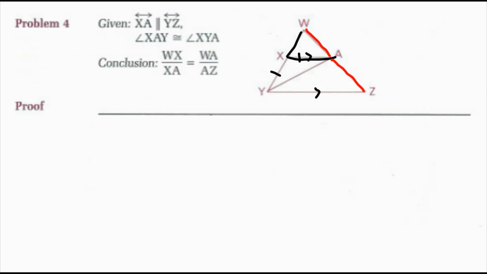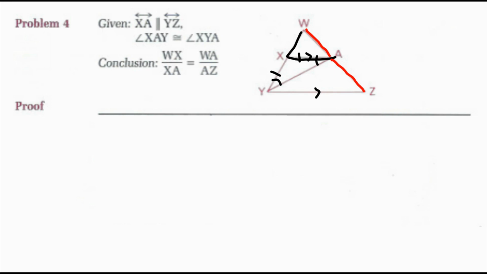Now I'm also given that angle XAY is congruent to angle XYA. Therefore, I'd have XY congruent to XA because if base angles are congruent, then legs are congruent. Then I could use substitution to get my conclusion of WX over XA is equal to WA over AZ.